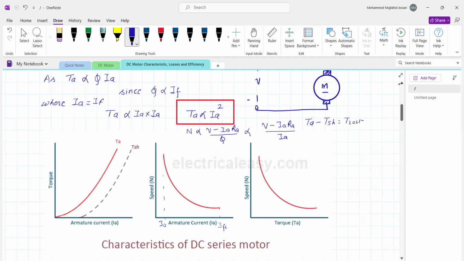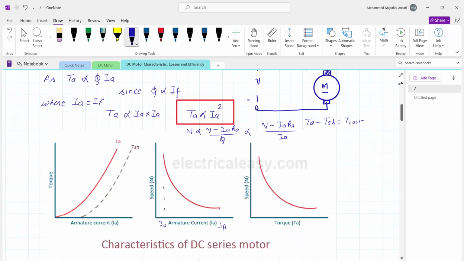It may be used in hoists and cranes, and sometimes we use a DC series motor or universal motor, which operates on AC as well as DC, because the universal motor characteristic is also the same, and it is used in mixers, a domestic application. Now from these two characteristics, it is possible to know the characteristic related to speed and torque.